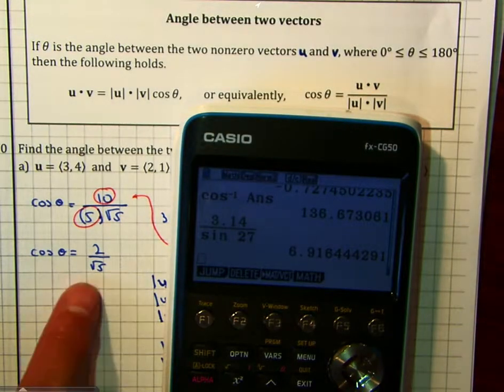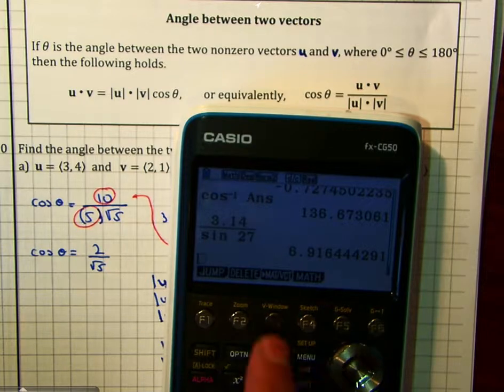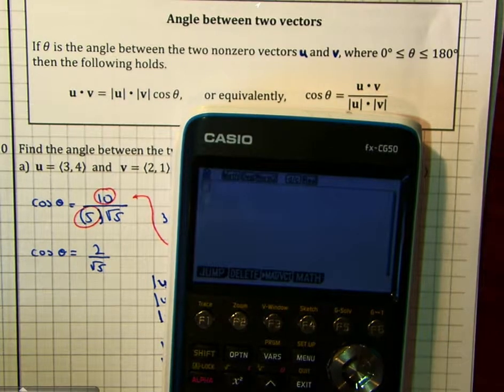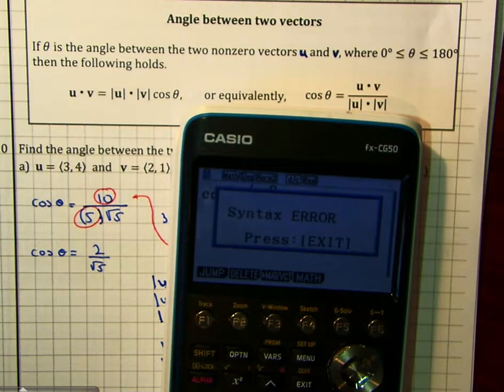I want to make sure that I have it on degrees, and I do in this case. So therefore I'll use the cosine inverse. I'm going to use my fraction bar: 2 over square root of 5, or if you want to rationalize it, you can do 2 square root of 5 over 5. And now it gives me an error.